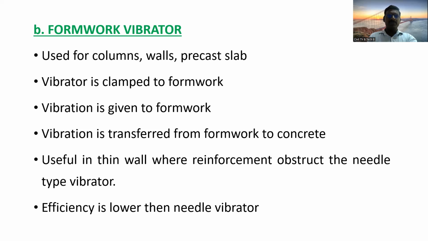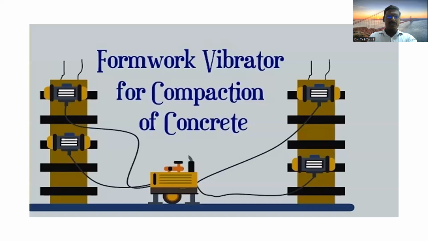As you see in the sketch, we clamp the formwork vibrator to the formwork externally and vibrate, so that the concrete gets compacted and can be placed properly. Up to here we covered in the last lecture.